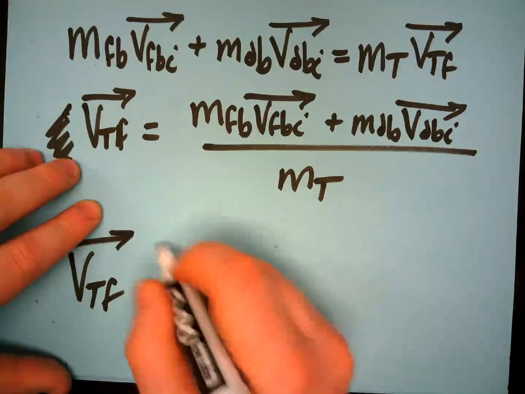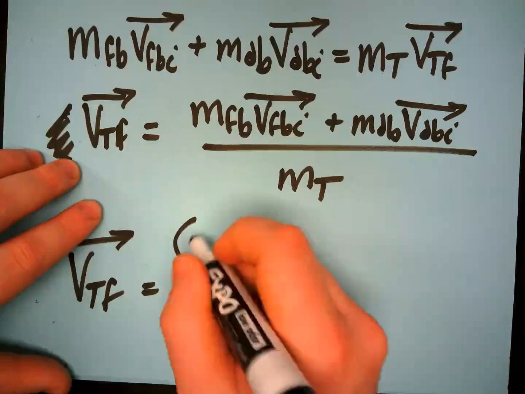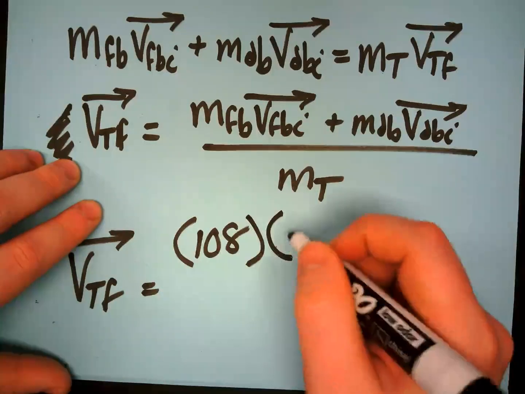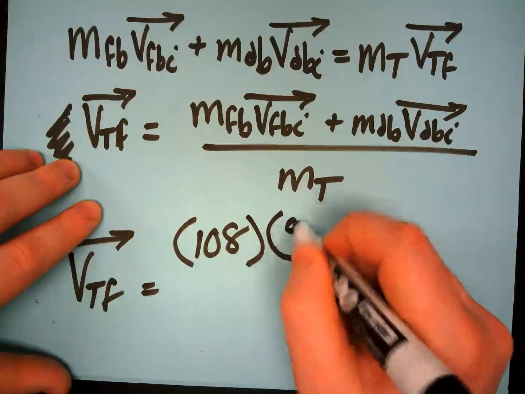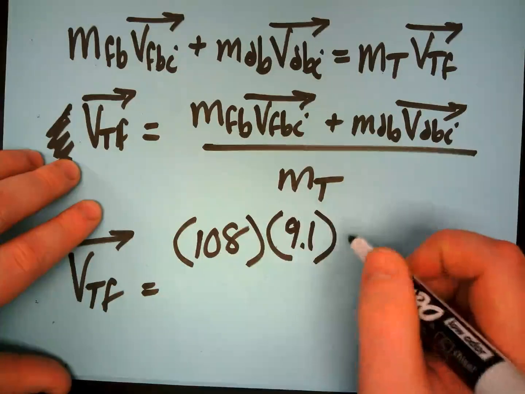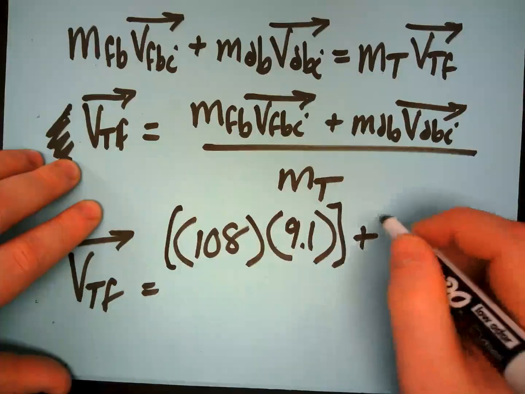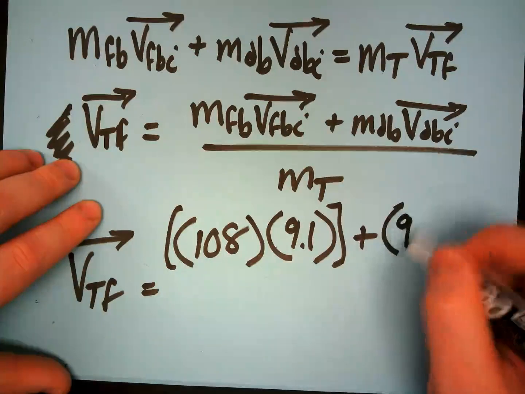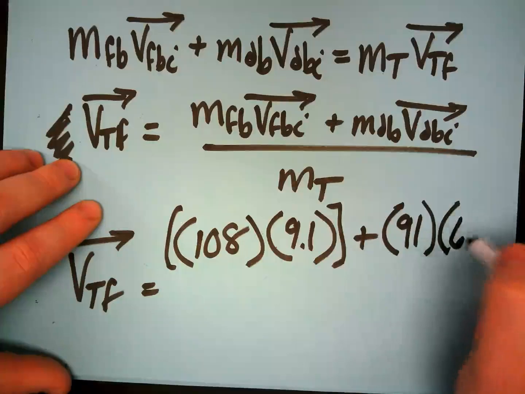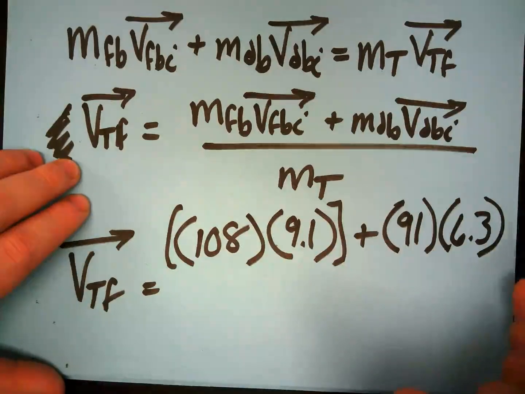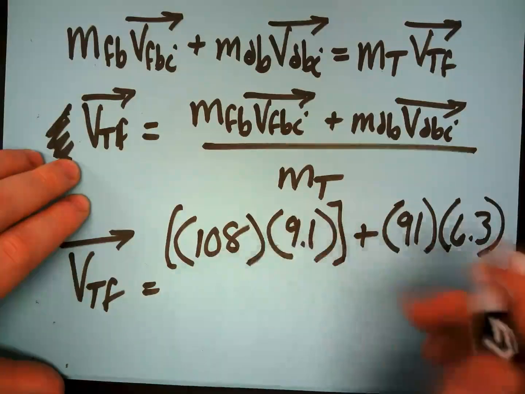So now that we have it set to what we're trying to look for, let's plug in our answers. So that's going to be 108 times 9.1, sorry, plus the mass of that guy, 91 times 6.3. But for now, we're going to establish one of these. Sorry, I almost forgot to mention this.